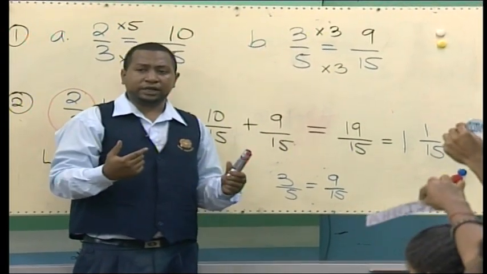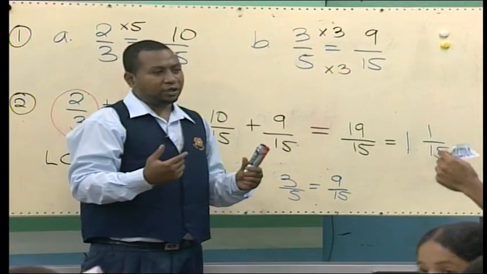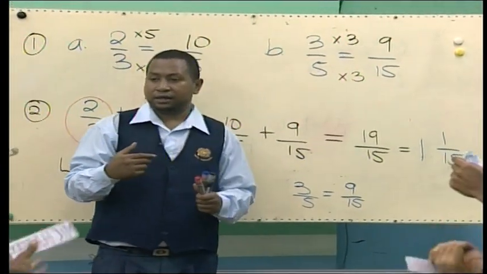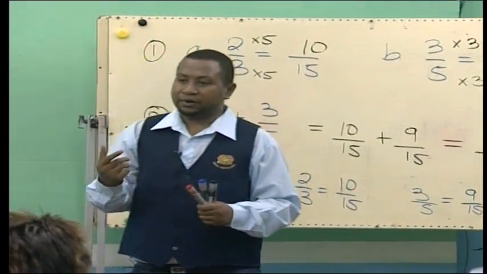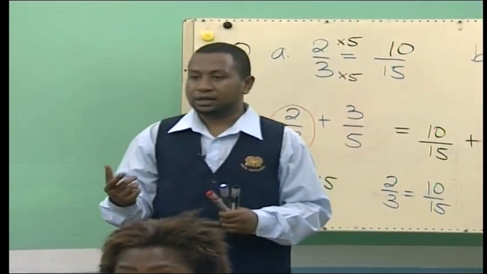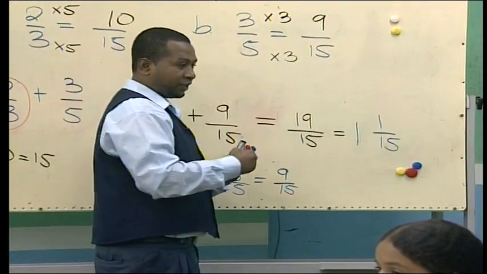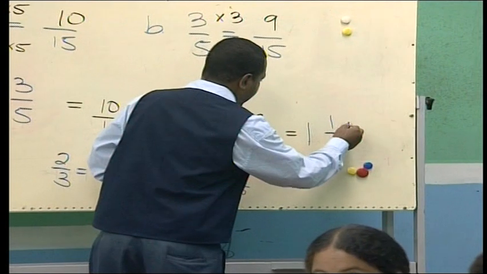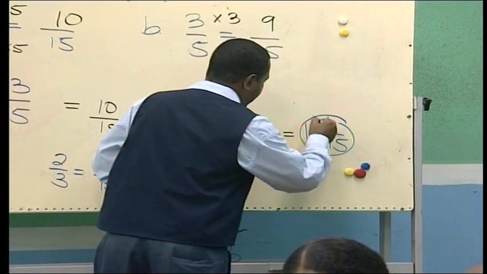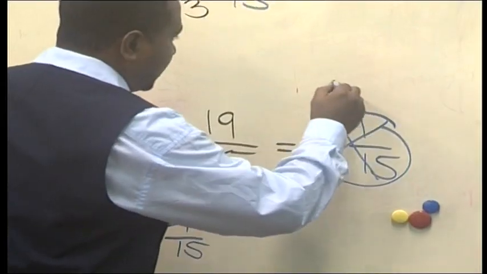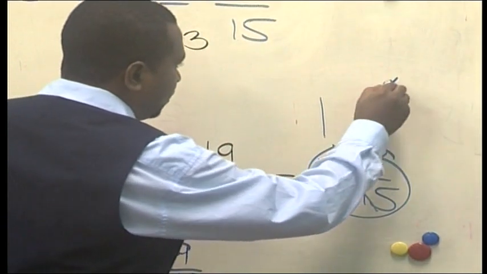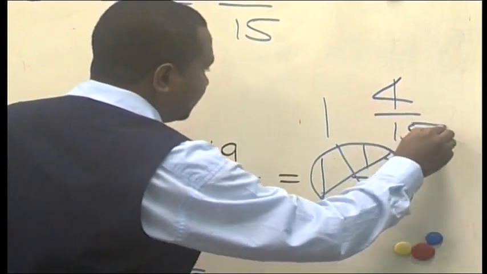Receiving students, is she correct? Sorry, Ruthie, good try. Maria, what do you think? 1 whole 4 over 15. Is it correct? Yes. Okay, Ruthie, please check your answer. The answer should be 1 whole and 4 over 15.